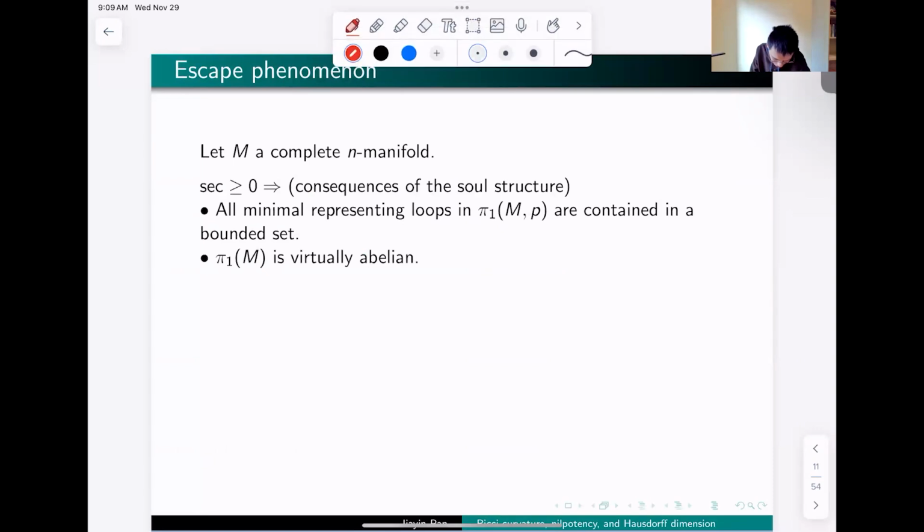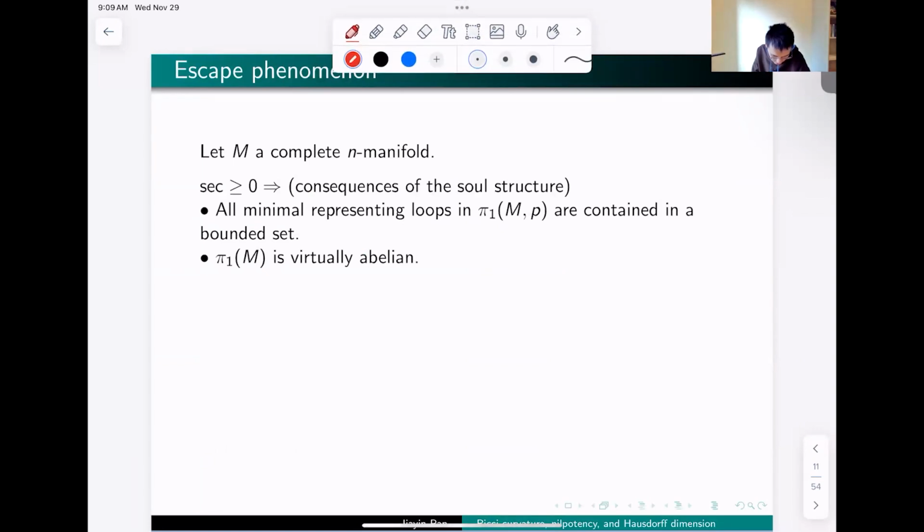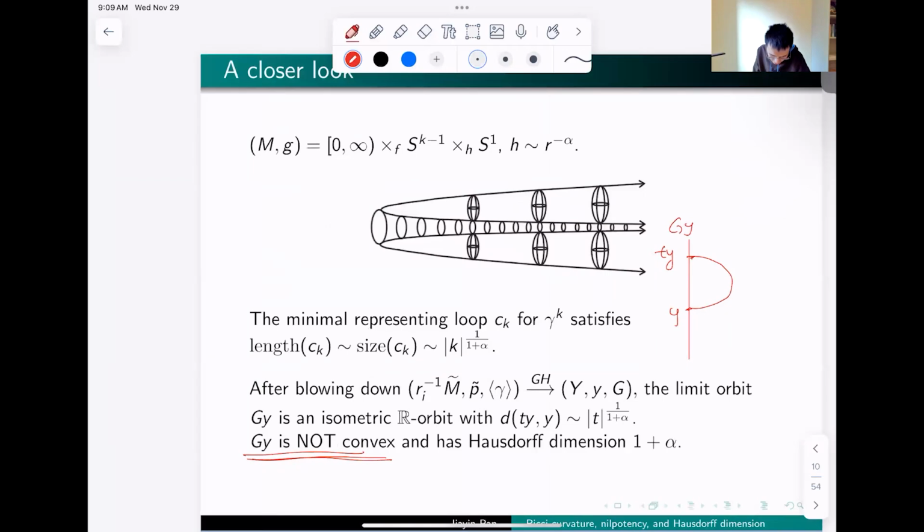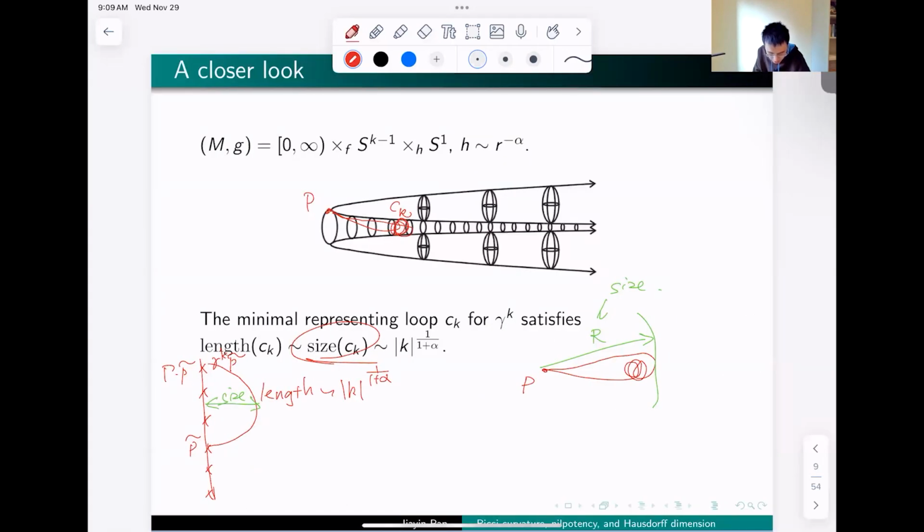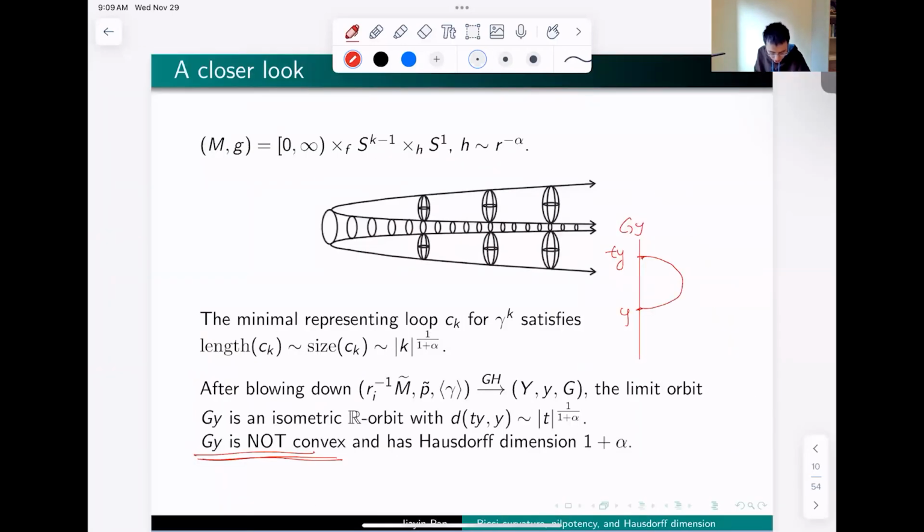So I want to say a few more words on this geometric feature that we see here, the minimal representing loop. There are two features here. One is the minimal representing loop, that they go away from any bounded sets as you exhaust all elements in the fundamental group. The other feature is in the asymptotic cone, you have a non-convex orbit, and the Hausdorff dimension is strictly larger than 1, and could be very large if your alpha is large.